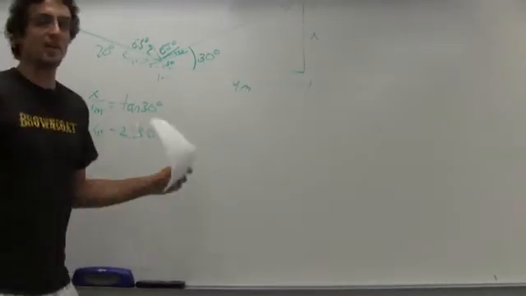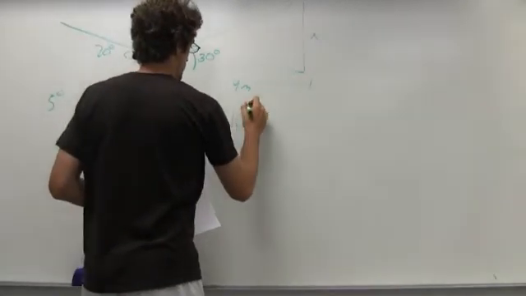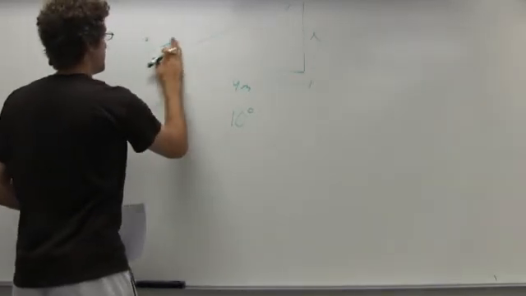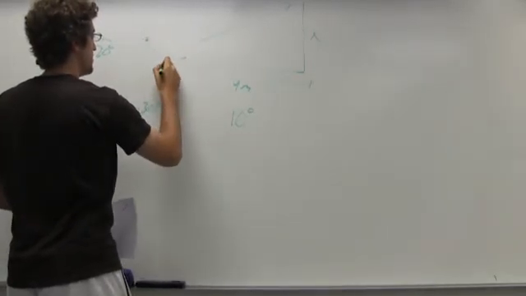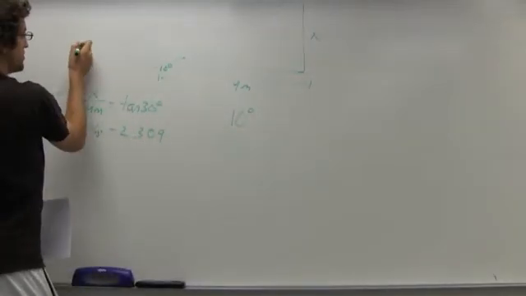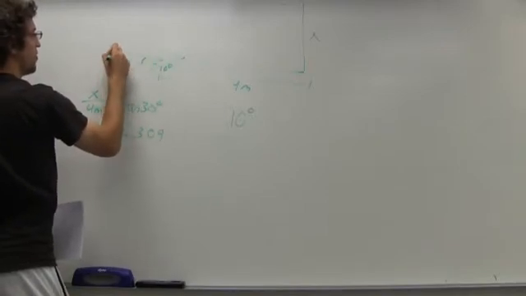Awesome. All right, so now let's consider we've moved it to 10 degrees. Let's go back to this drawing. I'm going to erase as much as I can here. So now the mirror is at 10 degrees. The light is still coming in 20 degrees from the horizontal.